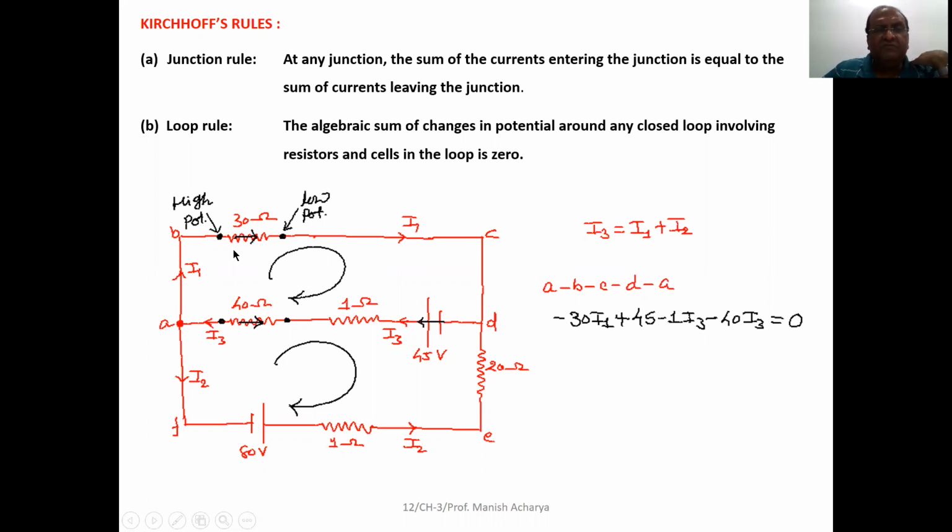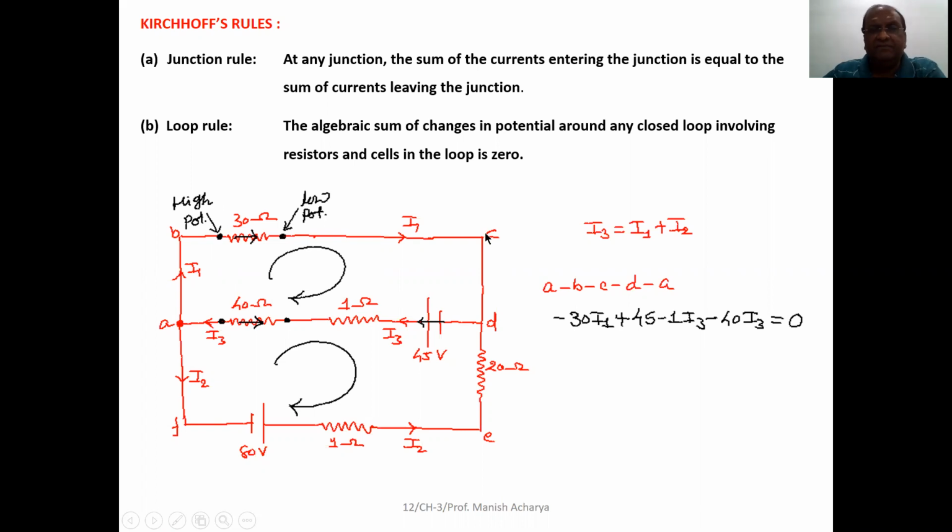So the potential difference is 30 I1. Later on we will discuss these positive and negative signs.